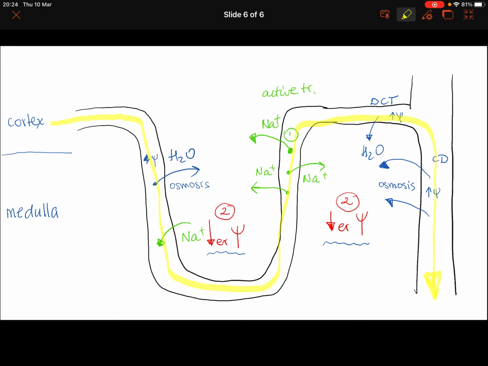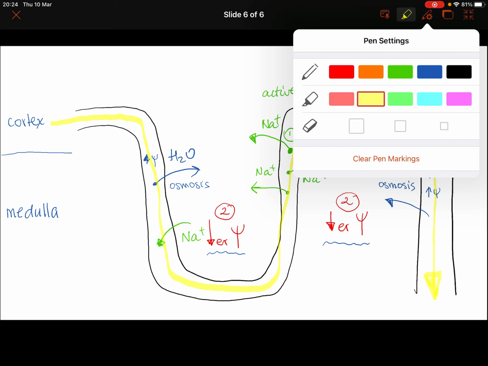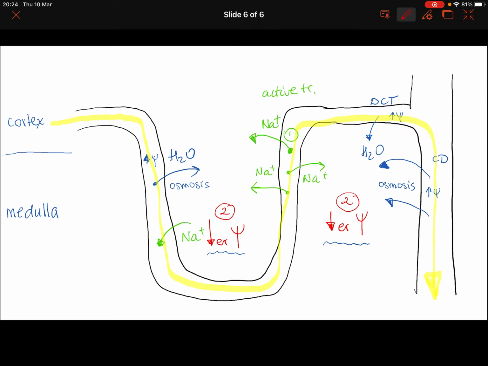It's of course the help from the hormones. ADH hormone, antidiuretic hormone, could be released. The osmoreceptors in the brain realize that there is not enough water, now the body is dehydrated. ADH hormone will be released.